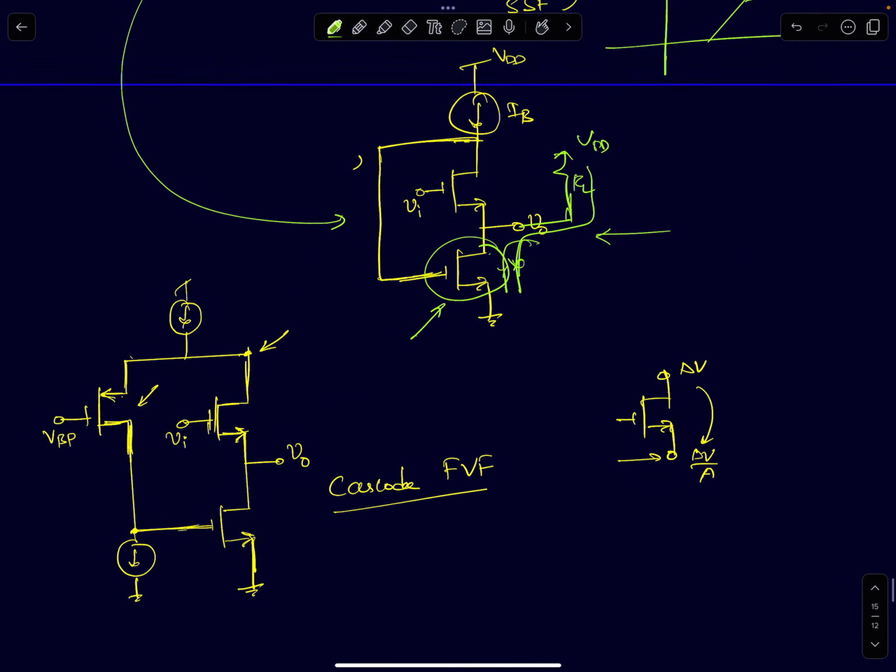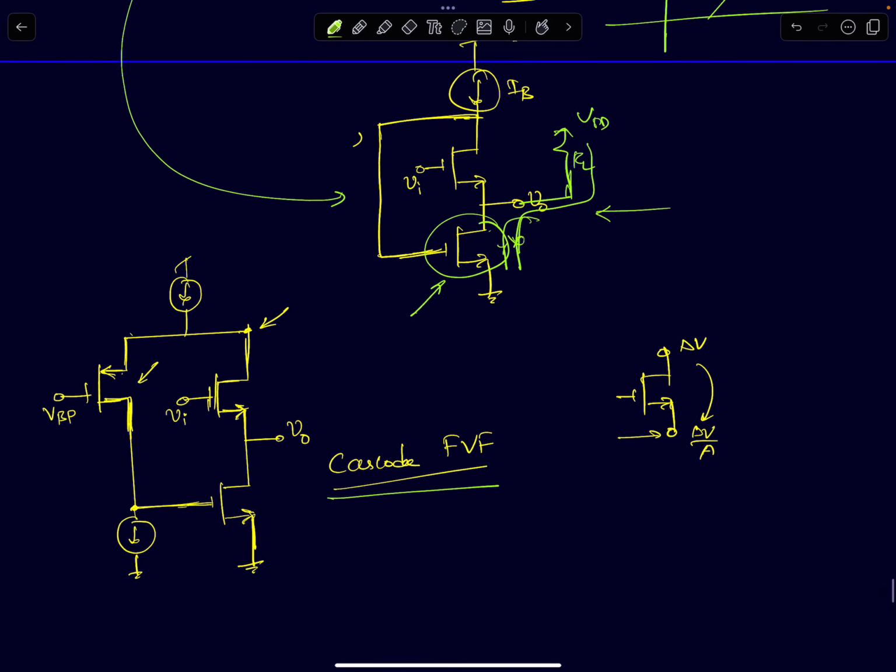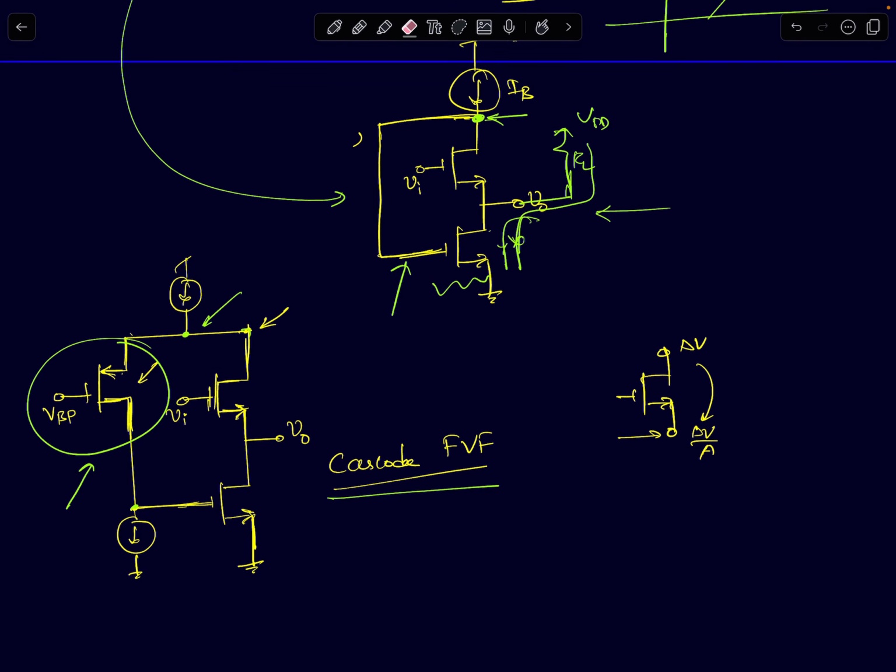I've also shown a cascode flipped voltage follower for an NMOS version. We wanted to shield the drain node here. To shield the drain node, I introduced a cascode device, a common gate PMOS amplifier, the opposite of what we did with the PMOS flipped voltage followers. Instead of directly connecting the drain of this MOSFET to the gate of the common source device, I connected it through a cascode device.